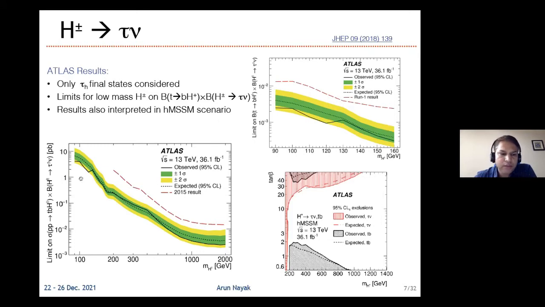For the high mass they obtain limits on the cross section times branching fraction. You can see that there is a discontinuity here, and the results are interpreted in hMSSM scenarios. Again, you can see that the high tan beta region is excluded.